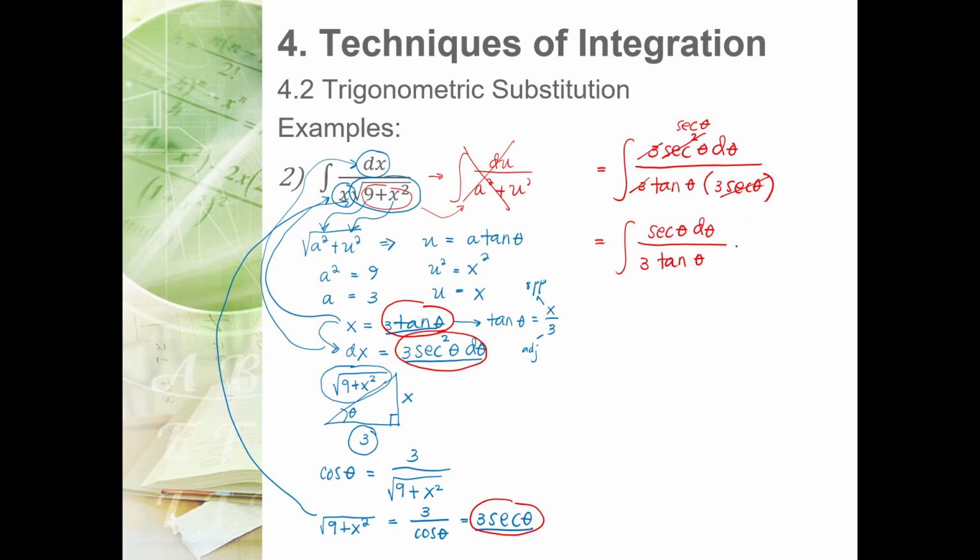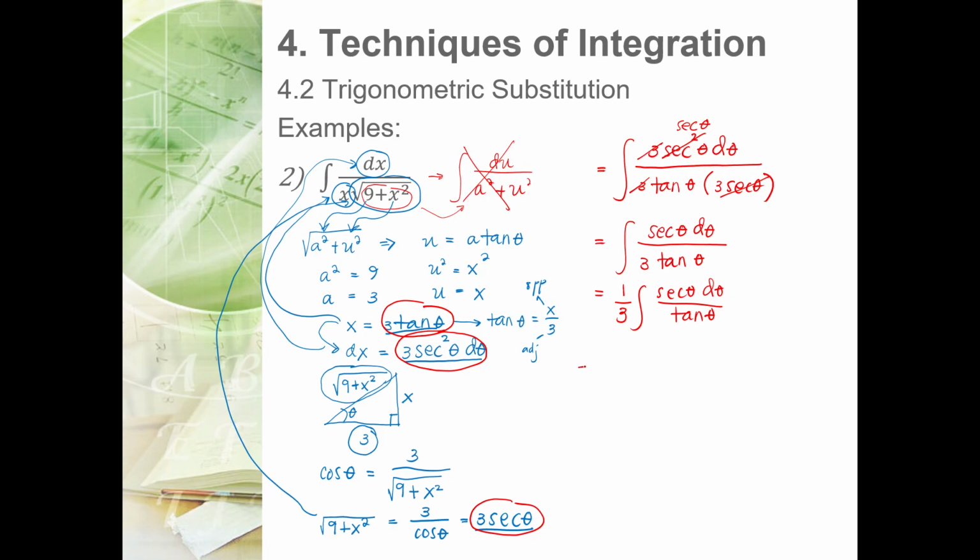If we isolate 1/3, we have secant theta d theta over tangent theta. I think we can still simplify even further.